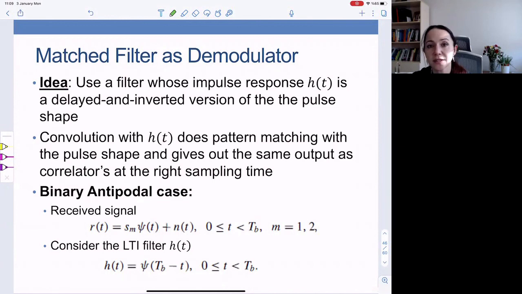And we'll see that it is equivalent to the correlator. And then we will go on to compute the bit error probability at the end of the matched filtering or correlation and sampling operation for both antipodal and orthogonal signaling mechanisms.